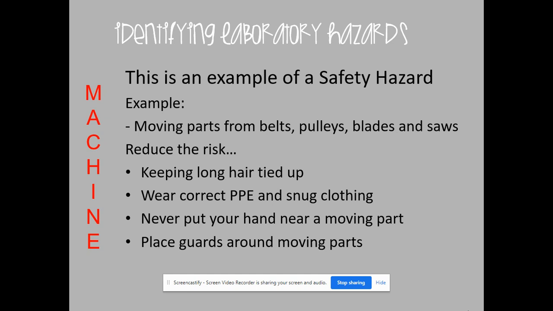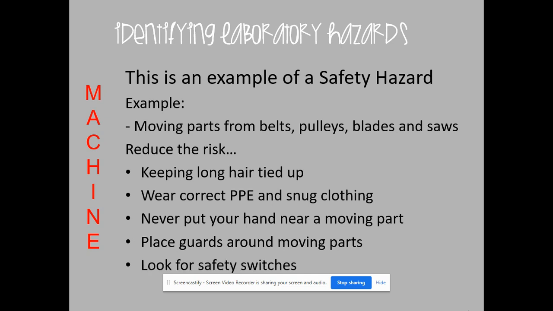Place guards around moving parts. In carpentry, they have tape on the floor that maps out where you can go and where you can stand to be safe from the equipment that you're working with.